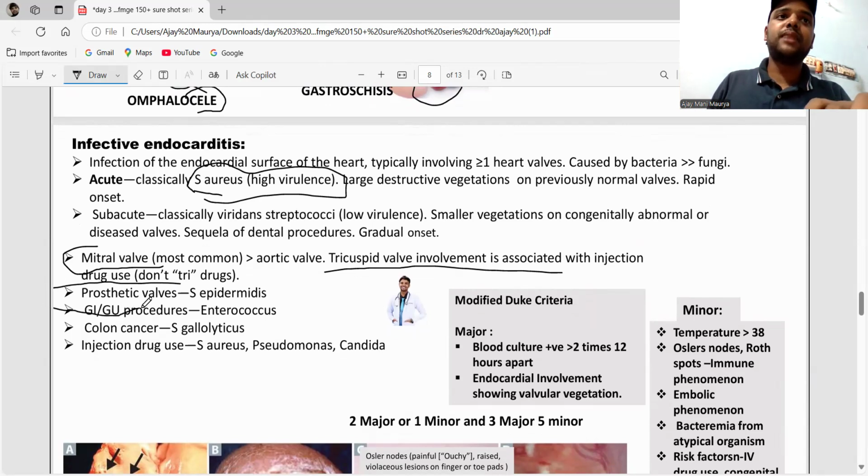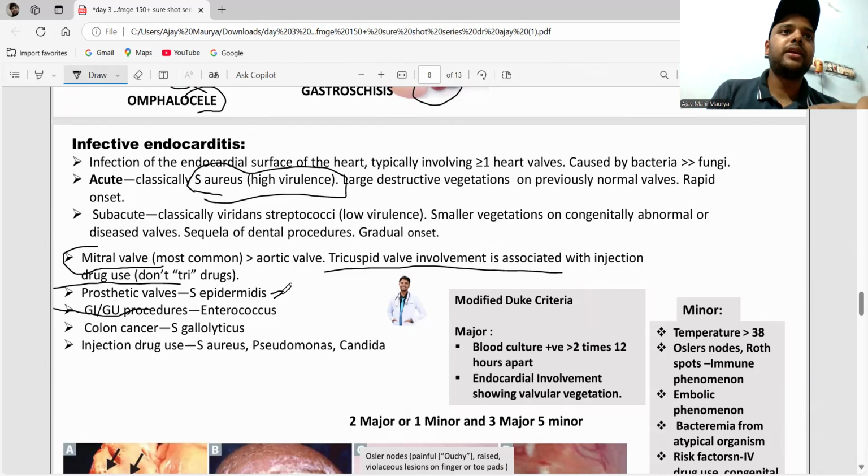If the infection is by the prosthetic valve, which organism is causing it? It is S. epidermidis. If they clearly mention that the endocarditis is caused by a prosthetic valve, then it is S. epidermidis.